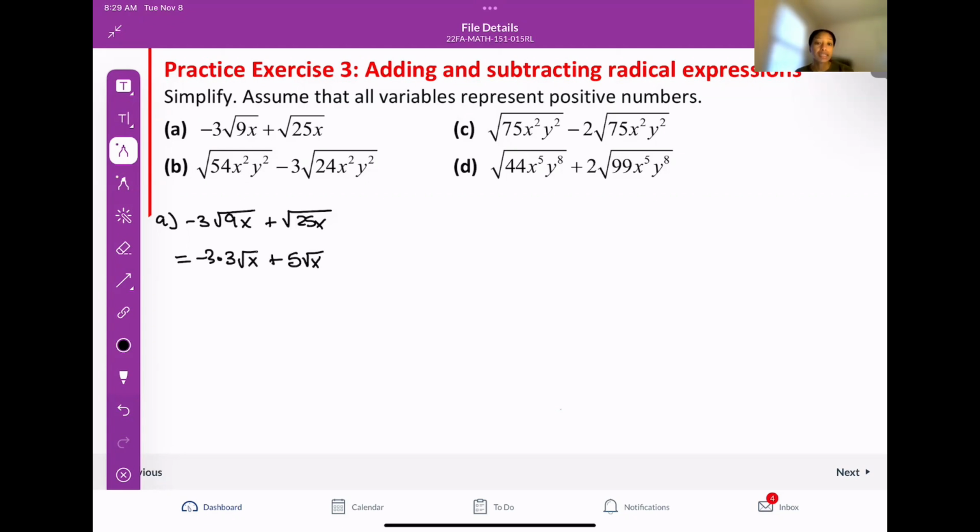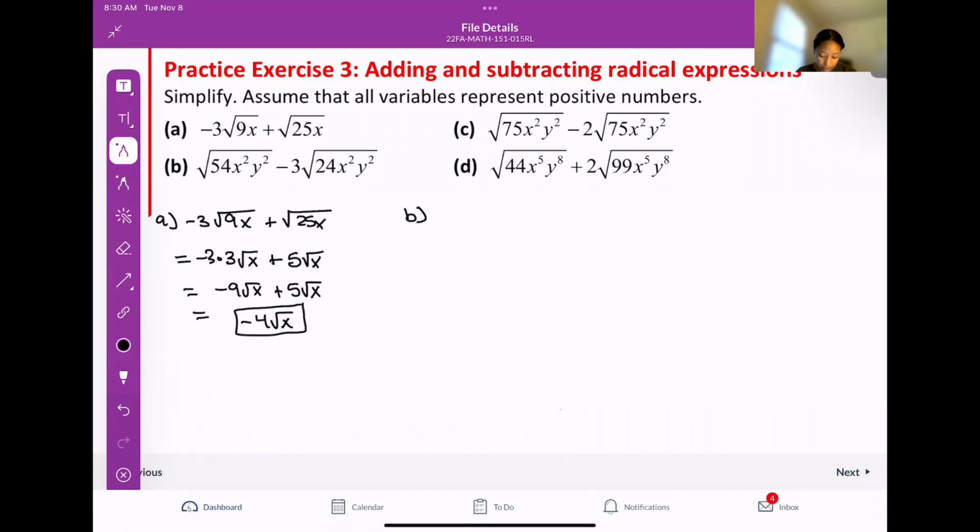And then ta-da! Both of those terms are square root x terms. Negative 3 times 3 is negative 9 root x, then plus 5 root x. And from here, we just add the coefficients. -9 plus 5 is -4. -4 square root of x. And that's our final answer for A.